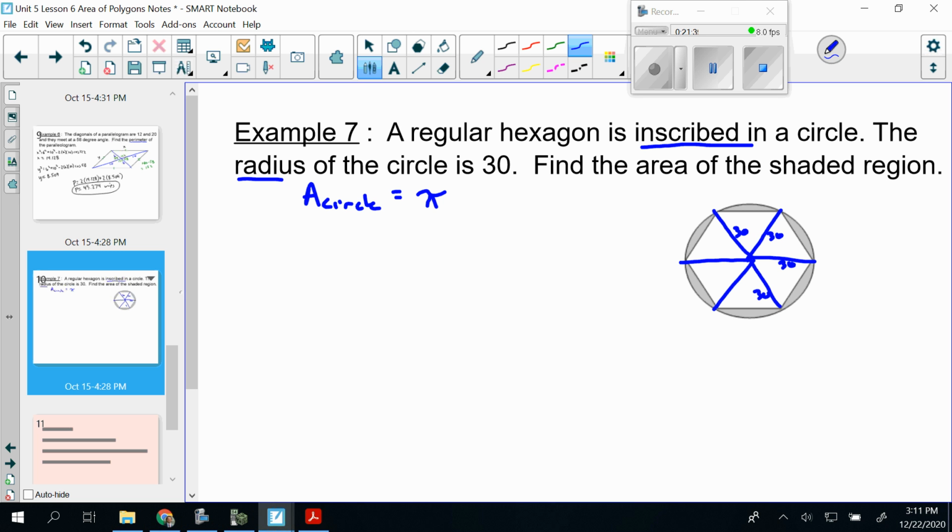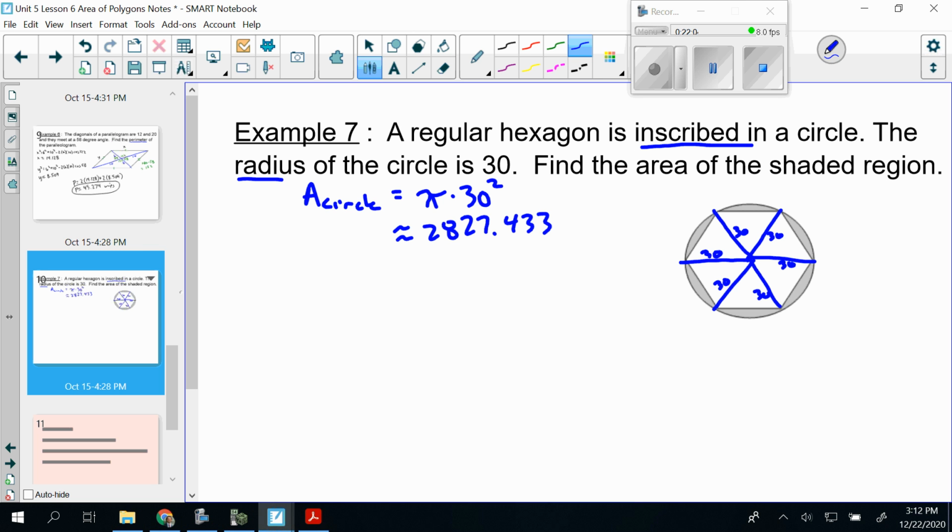So all the way around it should be 30 here. So this should be pi times 30 squared. We can put that in the calculator, and it should be about 2,827.433. So that's the area of the circle.